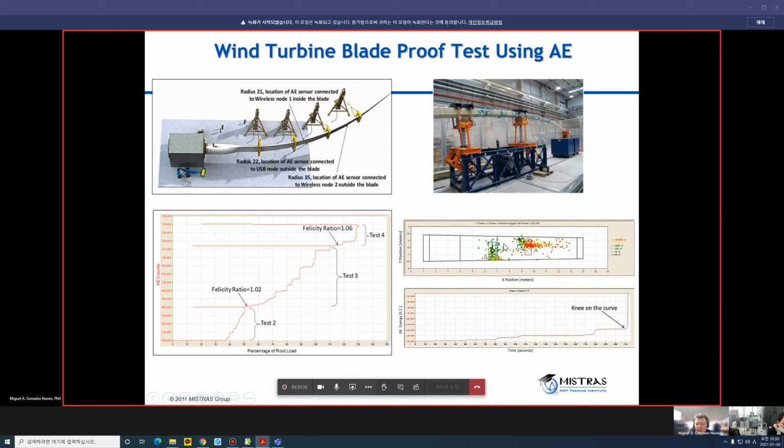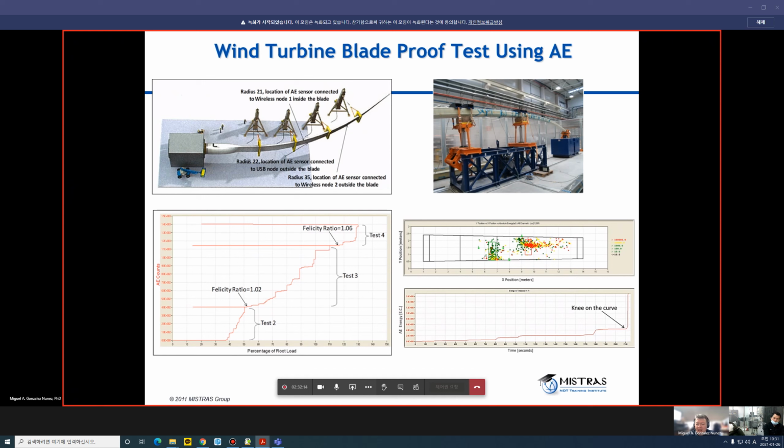The green squares or green numbers represent the acoustic emission sensors mounted on this turbine blade. Now this is an example of formation of clusters of signals. Cluster means accumulation of signals in a specific area where we are locating signals. And these are signals detected by several sensors, meaning these are events. Okay?